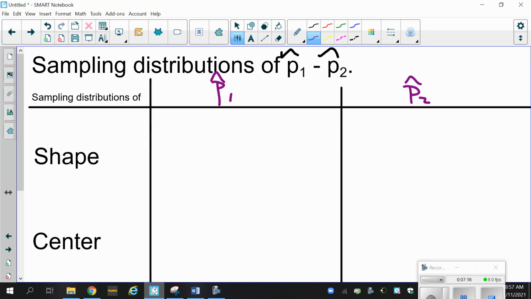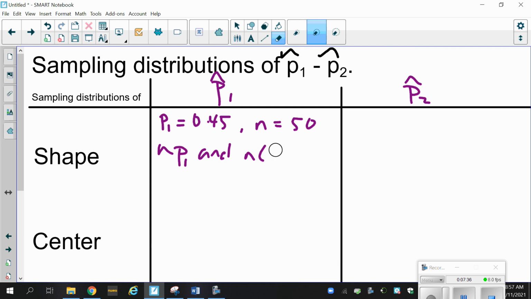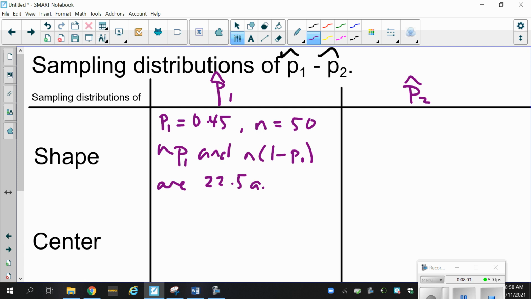So for the shape of p-hat1, since p1 is 0.45 and n was 50, we know that n times p1 and n times (1 minus p1) are 45% of 50, so 22 and a half, and then the rest, so 27 and a half, are both at least 10. So this shape is approximately normal.